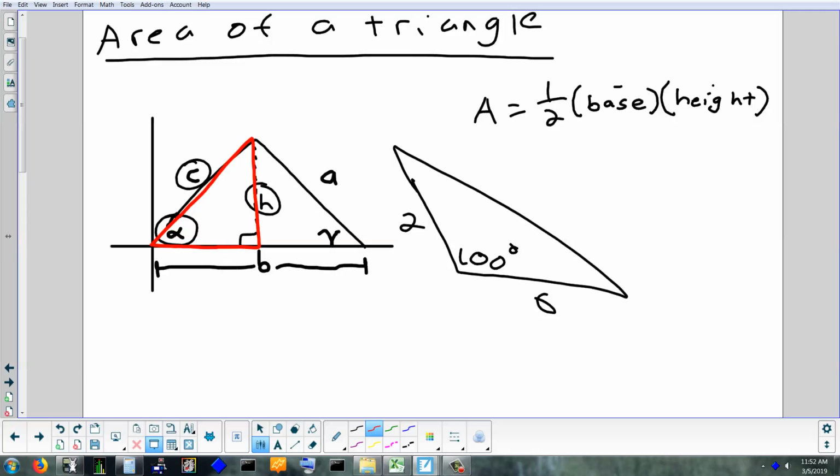Yeah. Sine. Yeah, because what's the definition of sine? It's opposite over hypotenuse.